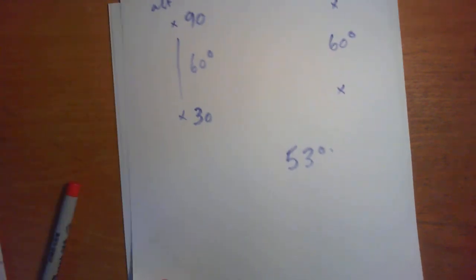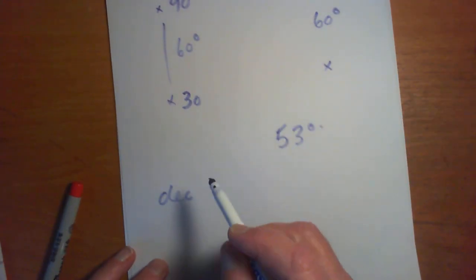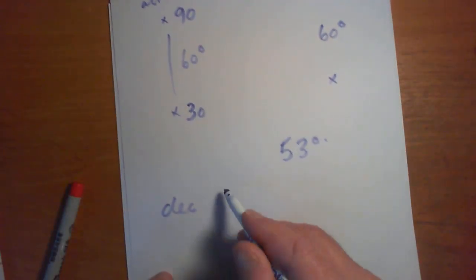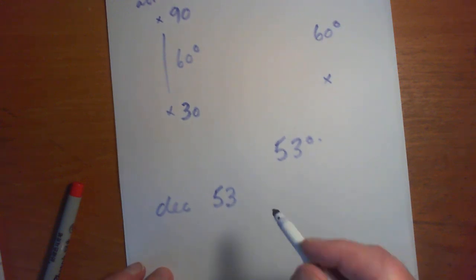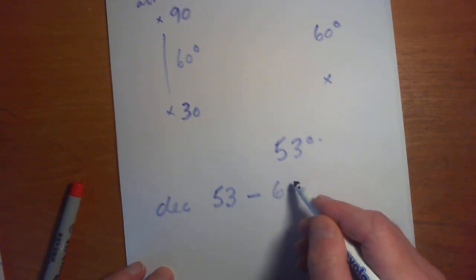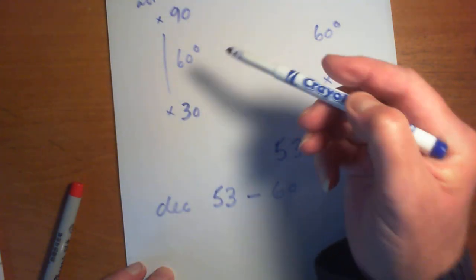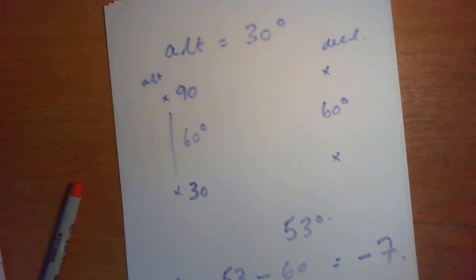So that's it basically. The altitude is 30, the declination equals 53, which is the declination of the stars overhead, minus 60, because the difference in declination is equal to the difference in altitude. So that goes down to minus 7, okay?